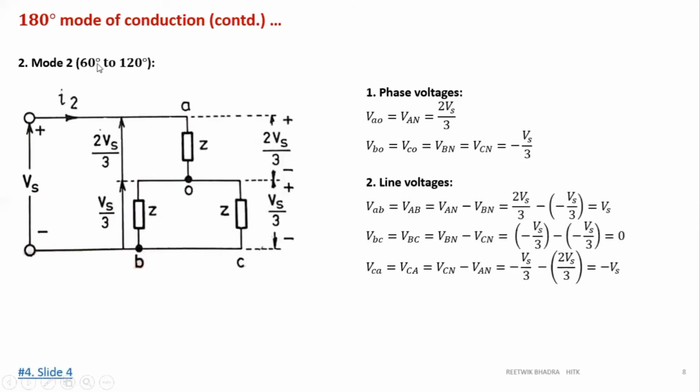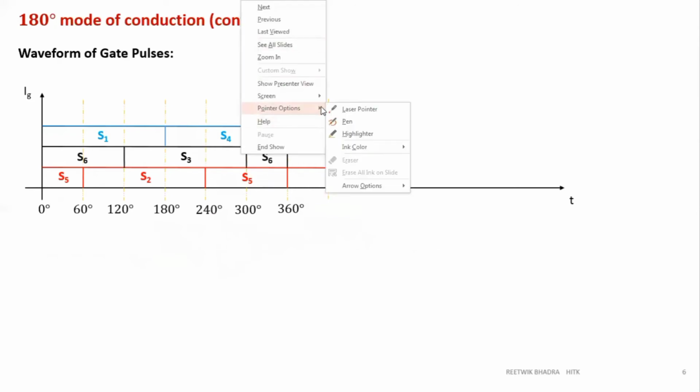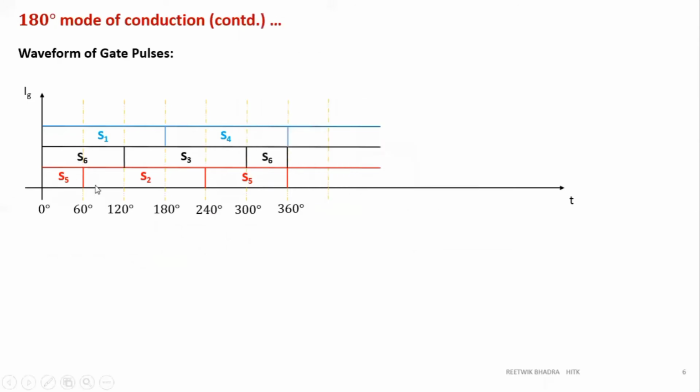So what will be our next mode? 60 degree to 120 degree. Now if you go to this figure, 60 to 120, which is on? S2 from this red band, S6 from this black band, S1 from this blue band.